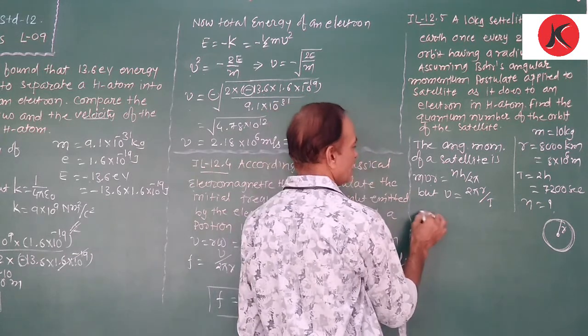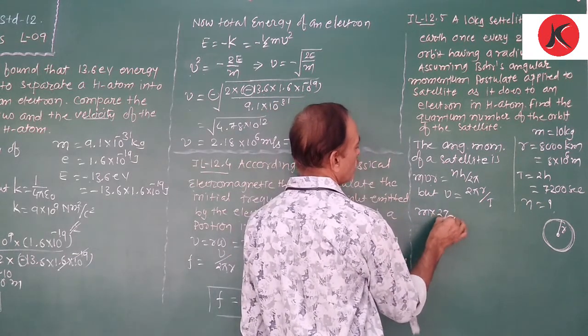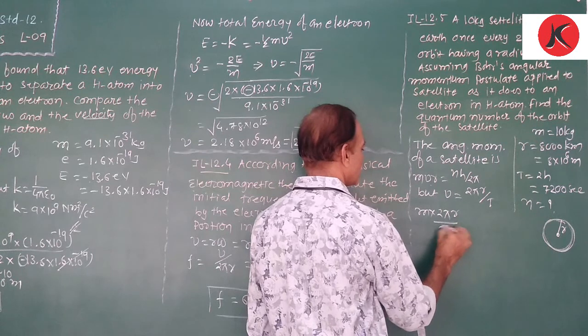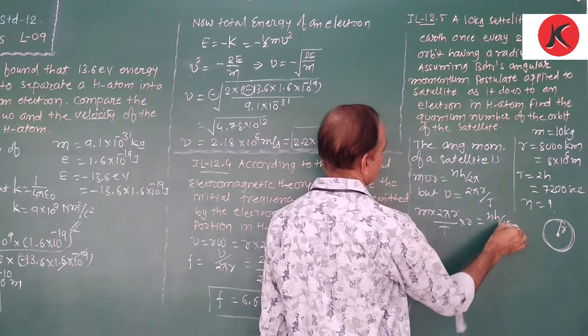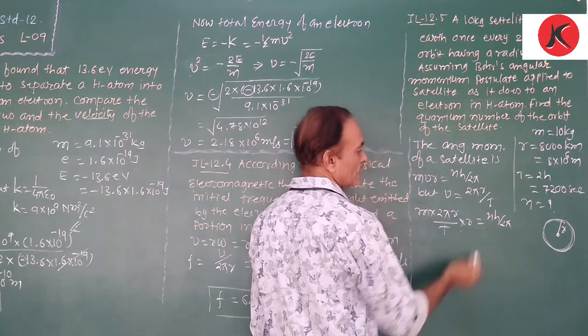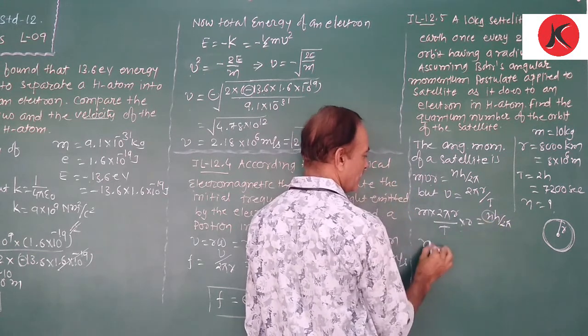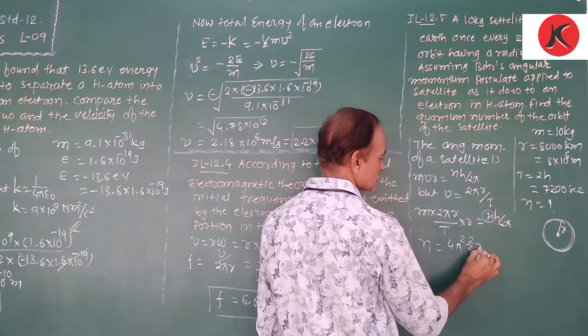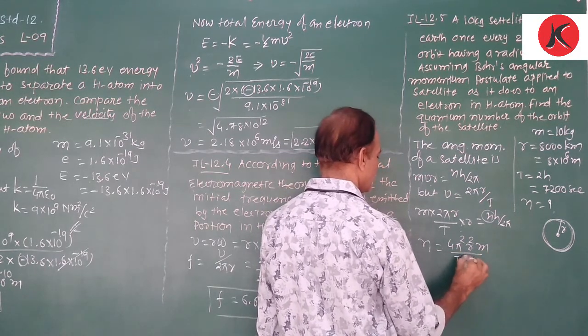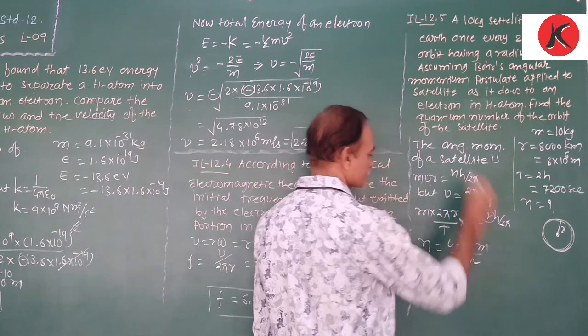Substituting, m into 2 pi r upon T into r is equal to n h upon 2 pi. Therefore n is equal to 4 pi square r square m upon T into h.